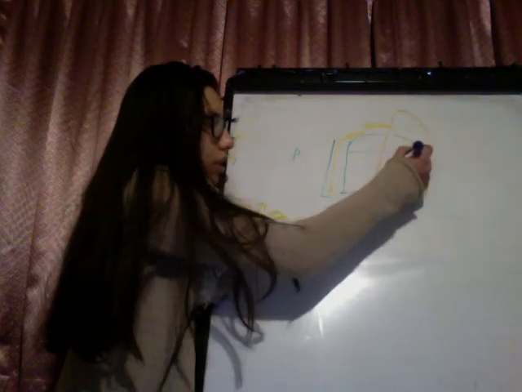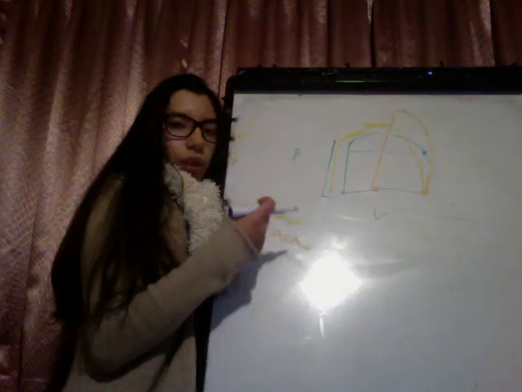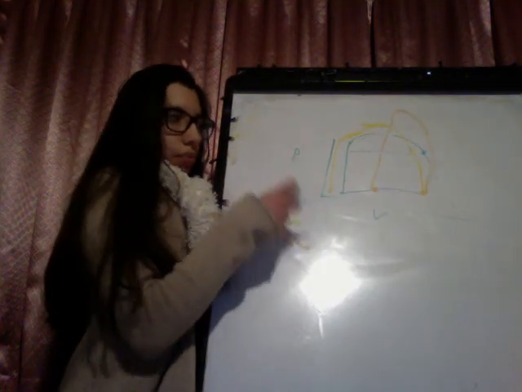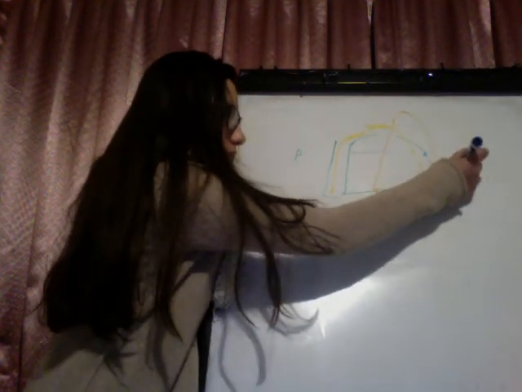It falls like this, and because of the fistula, we have more blood returning to the heart because the blood is passing through from the artery to the vein, so the return is increased.